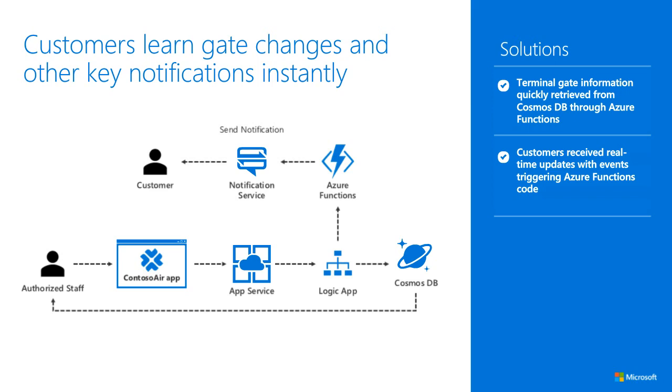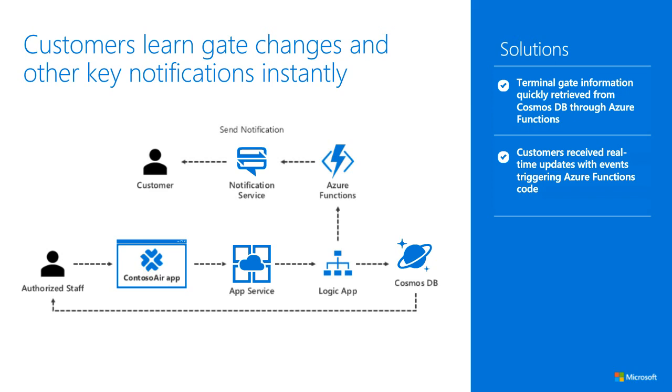Logic Apps can have Azure Functions triggered on it, and so Azure Functions can notify individual customers and passengers of gate changes, terminal changes, lost luggage, or the status of their luggage. This is a key way to build that type of real-time interaction with your users, so that they feel comfortable using your product and flying on Contoso Air.